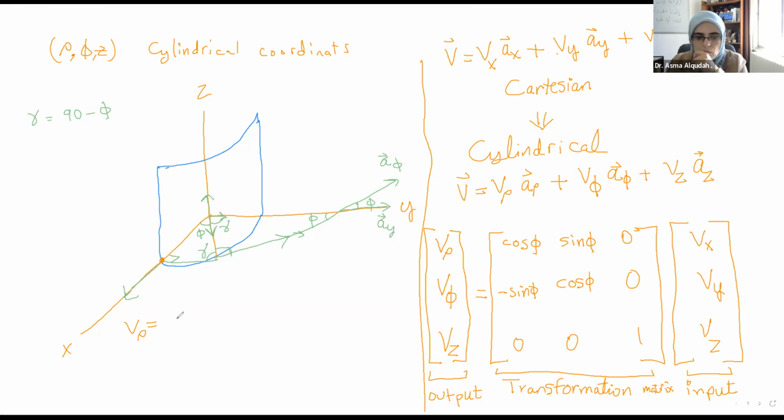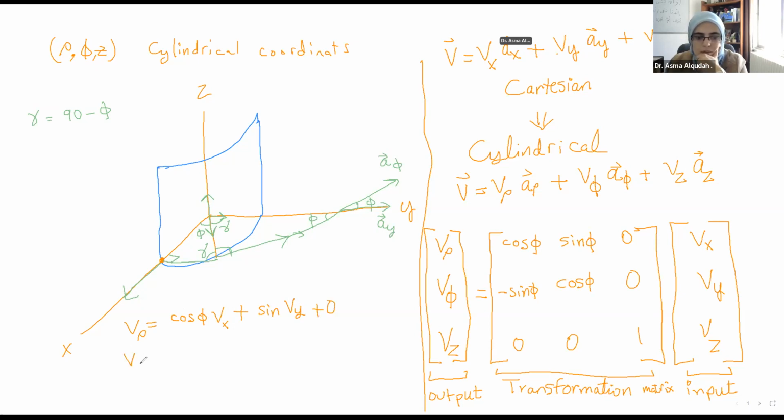So v sub rho is equal to cosine phi times v sub x plus sine phi multiplied by v sub y plus 0.